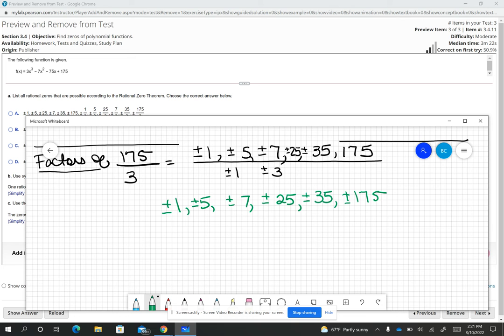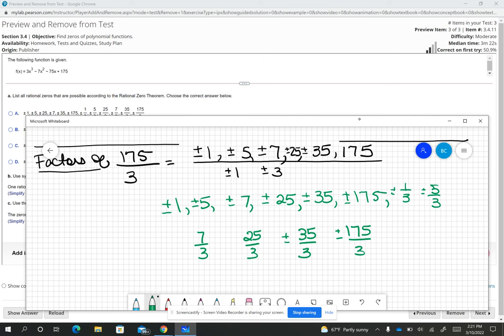Okay, and then we do the fractions. Now this would be 1 over 3, so that's 1/3. 5 over 3. 7 over 3. 25 over 3. 35 over 3. And 175 over 3. And these are also all positives and negatives.